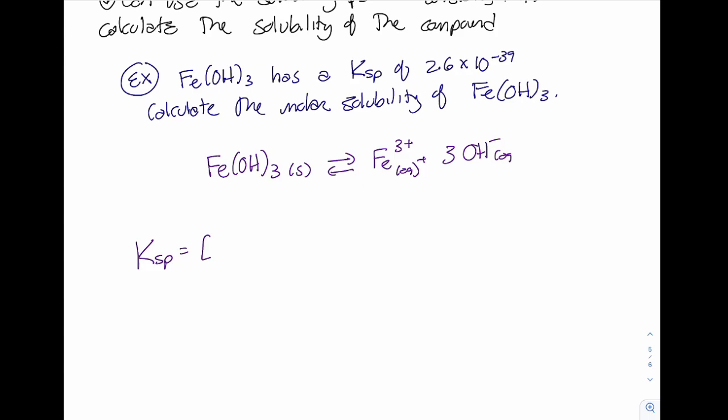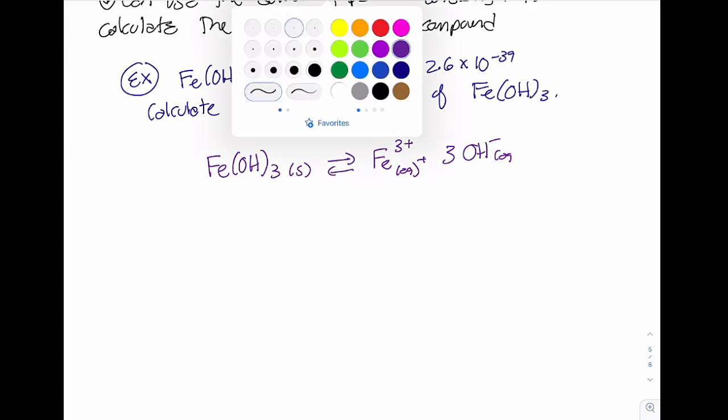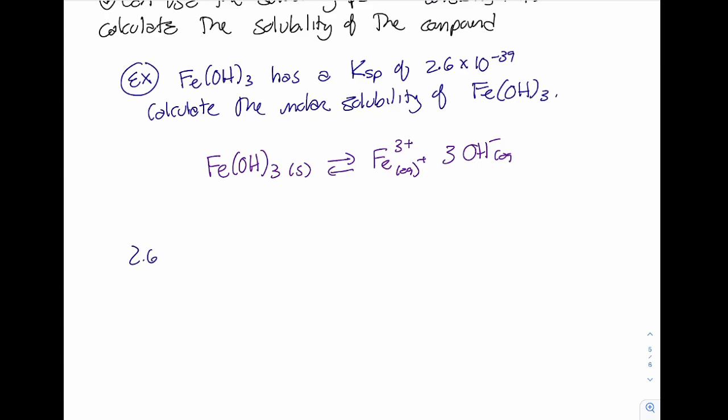So my solubility product constant, which we can actually write the number if we wanted, since we're given it, 2.6 times 10 to the negative 39th is equal to my concentration of iron 3 plus raised to the first power because there's 1 of them, multiplied by my concentration of hydroxide ions raised to the 3rd power because I have 3 moles, right? Raised to a power equal to its coefficient.